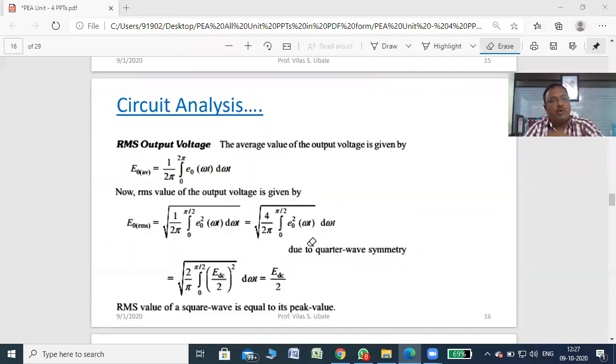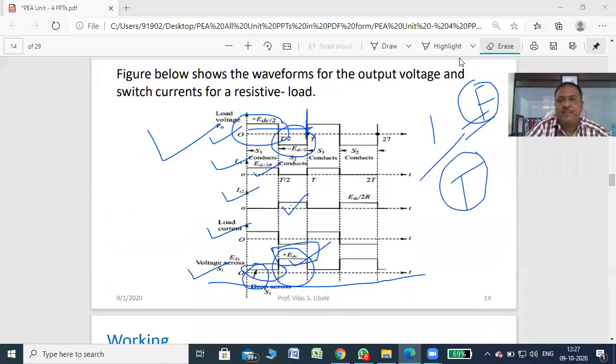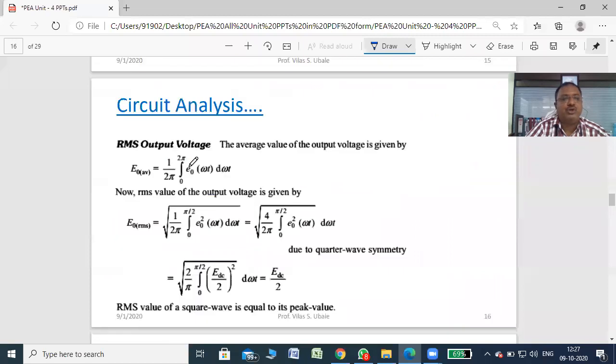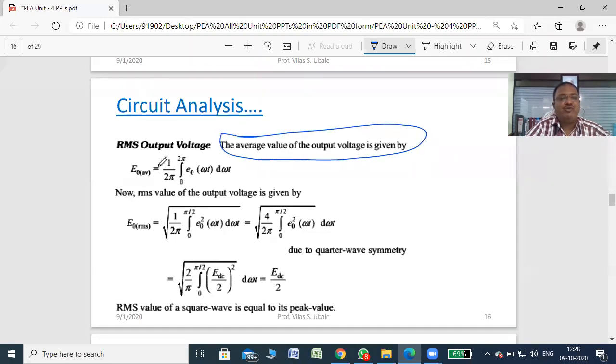I know that this topic will never be covered in today's lecture, but at least we'll start. See here, the output of this circuit is AC, right? So we have to find out the RMS output voltage. But to find the RMS output voltage, first we should know the average value of output voltage, right? The average value of output voltage is calculated by using integration.